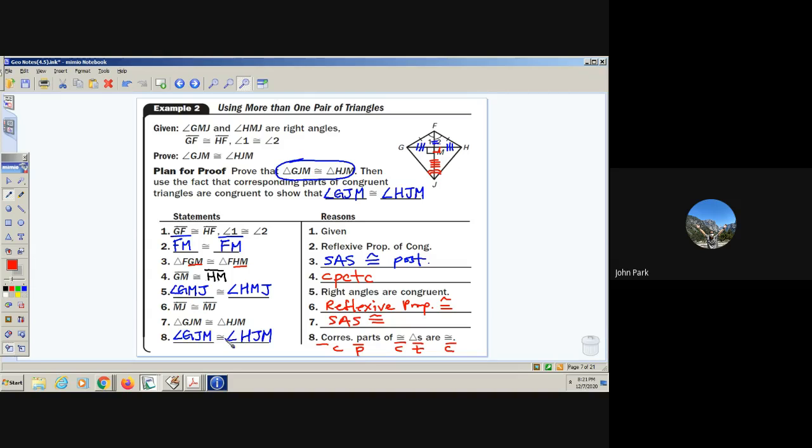And by CPCTC, these two angles are going to be congruent. Now, those two other angles here and here are congruent too, if you wanted to show that as well, right? And then this side and that side is also congruent by CPCTC, but you can show any one of those three, but we're just trying to show these two angles, so that's what we ended up with, right? So that's how we use the CPCTC.